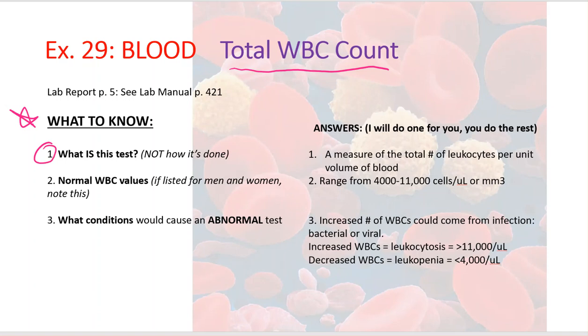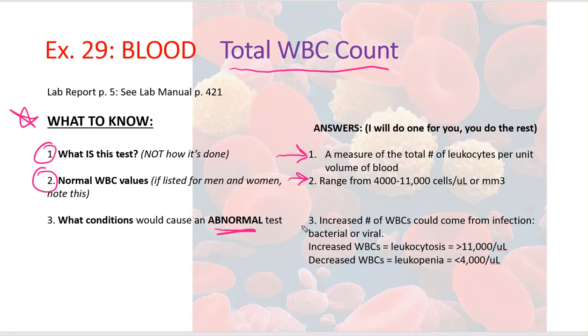Nothing like that. A total white blood cell count is a measure of the total number of leukocytes per unit volume of blood. So we're looking for elevated or decreased levels. I have to know what normal white blood cell values are in order to tell if they've been elevated or decreased, and then what conditions would cause an abnormal test.